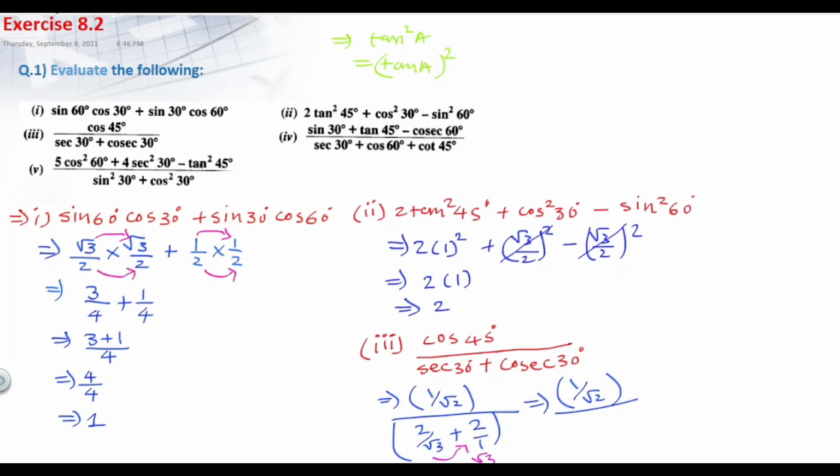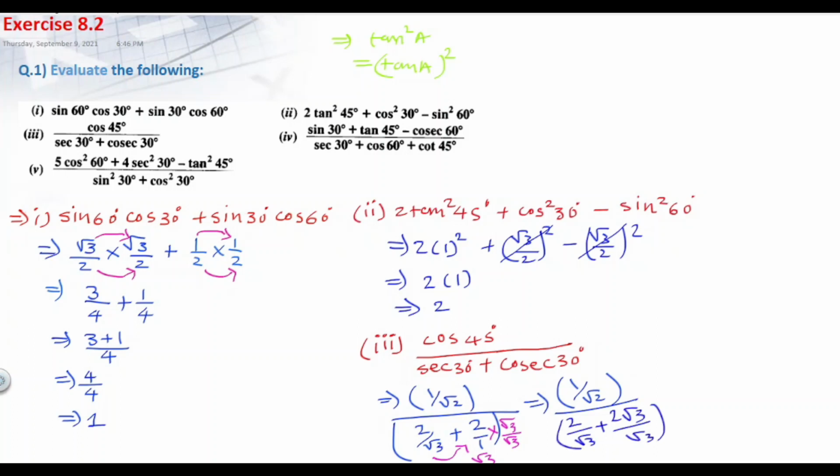So here we have root 3, but at 2 by 1, we have to make the denominator equal to root 3. So we just multiply this denominator and numerator by root 3 and we'll get 2 by root 3 plus 2 root 3 by root 3.